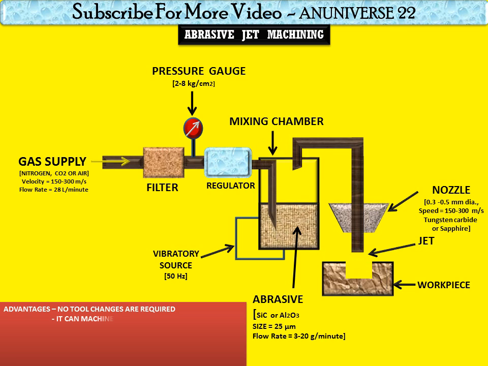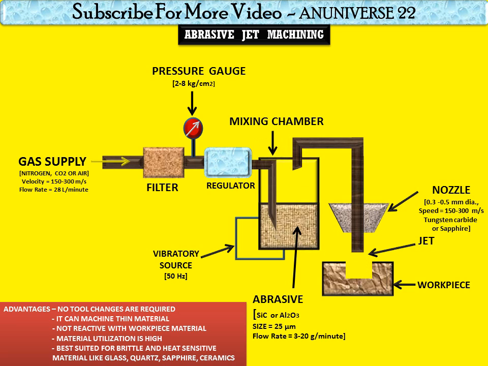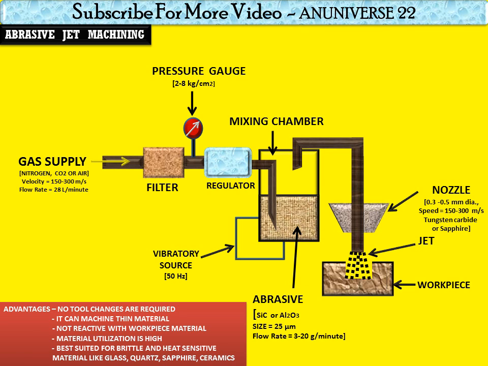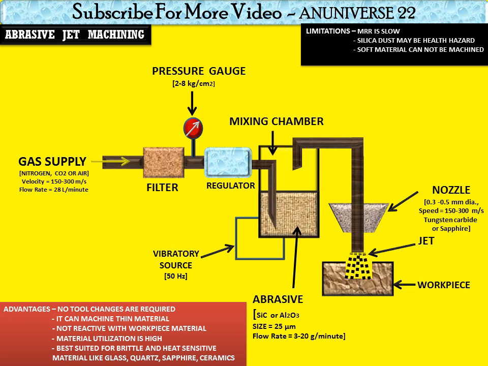Second, it can machine thin materials, it is not reactive with workpiece material, utilization is high, and it is best suited for brittle and heat sensitive material like glass, quartz, and ceramics, etc. Now the limitations of abrasive jet machining: generally its material removal rate is slow, silica dust may be a health hazard, soft material cannot be machined, and stray cutting cannot be avoided.